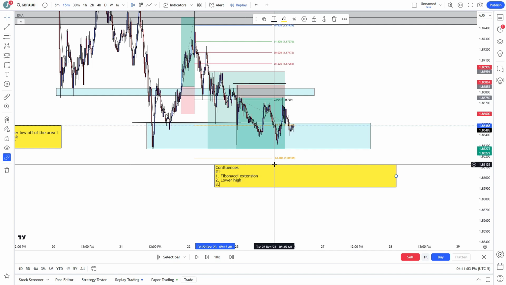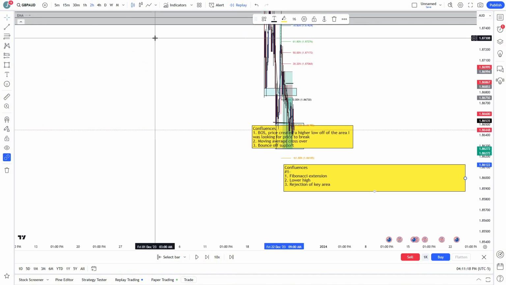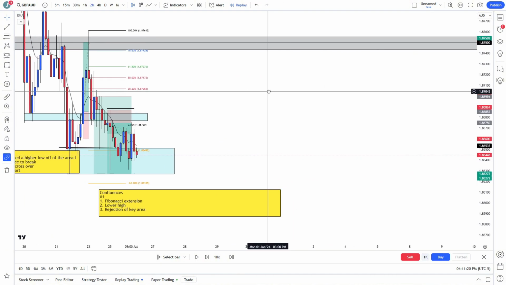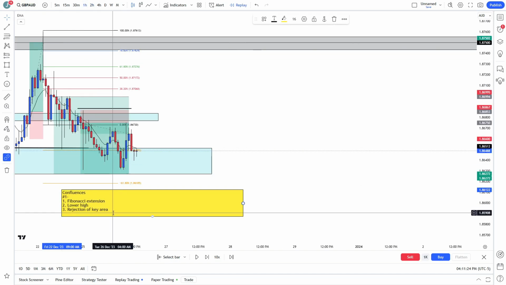Third confluence, rejection. Yeah, that's what we're looking for. Rejection of a key area, and pretty sure we could scale out, see a moving average crossover.